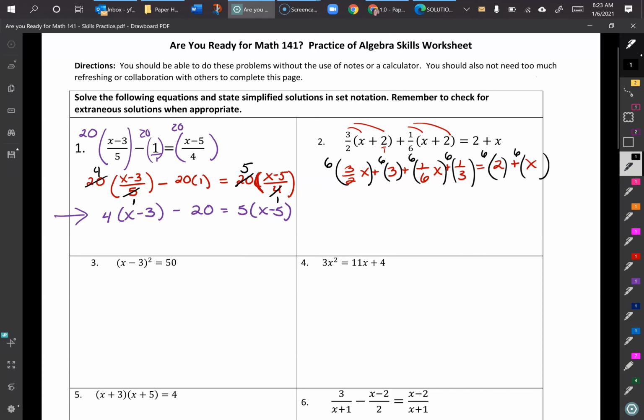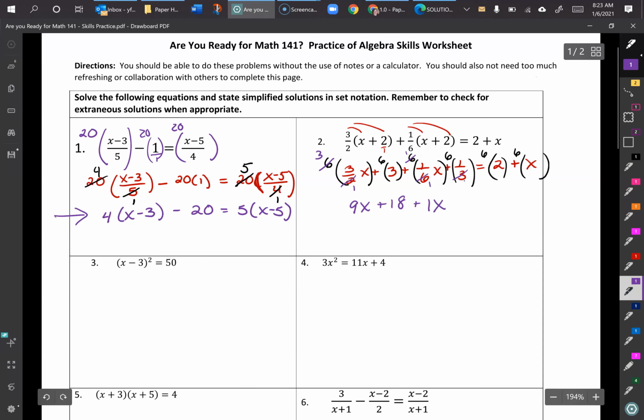So now I'm going to have a little cleaner operation here when I go to cancel everything. So this 6 over 2 would be 3, so I get my 9x plus 18. The 6 is reduced to 1x. Don't forget to write your variables in there too.